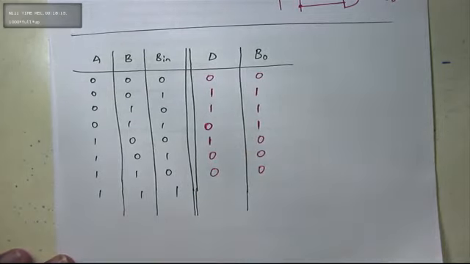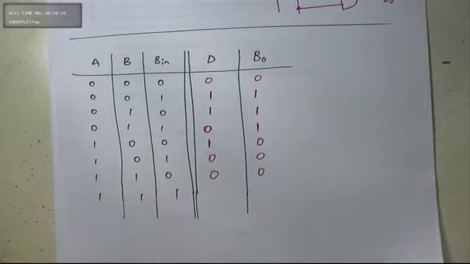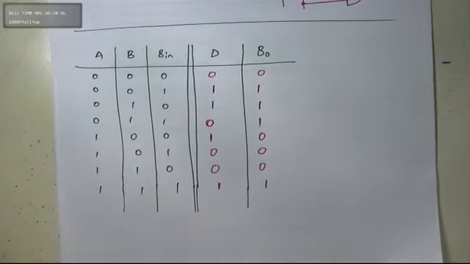Now this one, let's do this one. 1 minus 1 is a 0. Borrow of 0. And 0 minus 1 is a 1 with a borrow of 1. There you go. We've just done that.